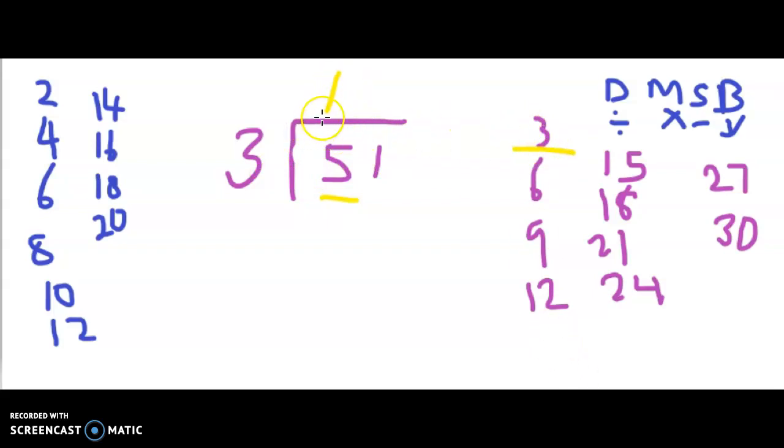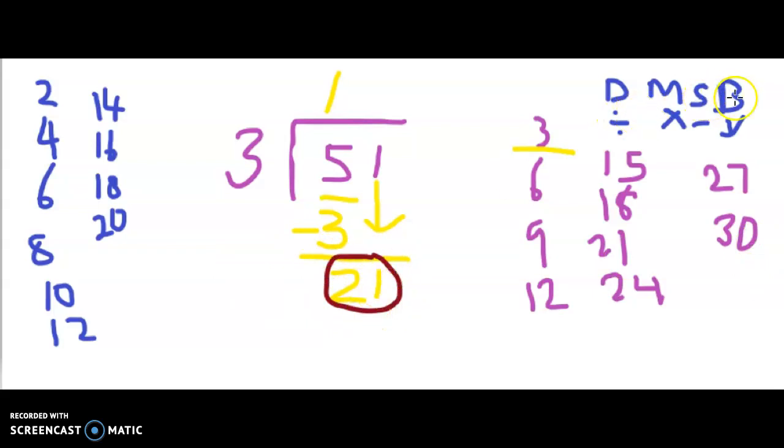We stop here because 5 is in between 3 and 6, and we cannot put 6 into 5. So 1 times 3 is 3. 5 minus 3 is 2. Next step is to bring down 1, and we have 21. So let's start again.